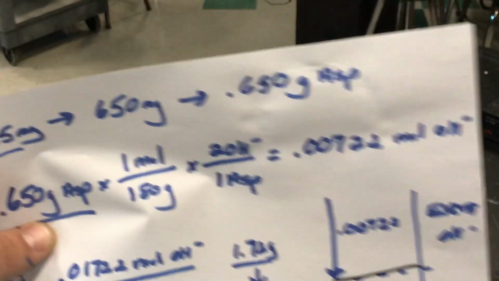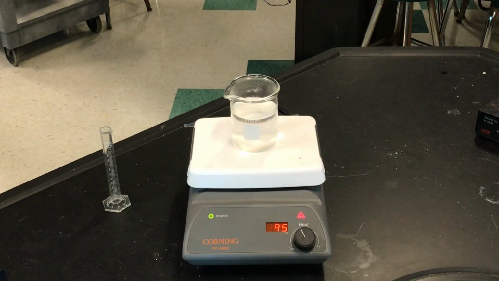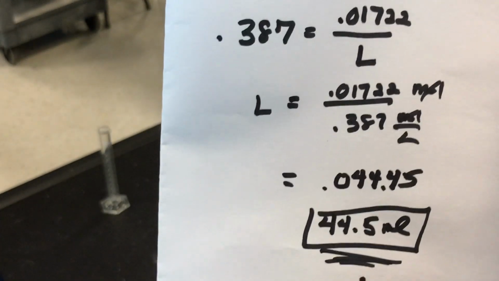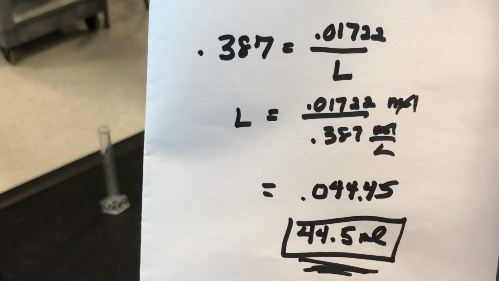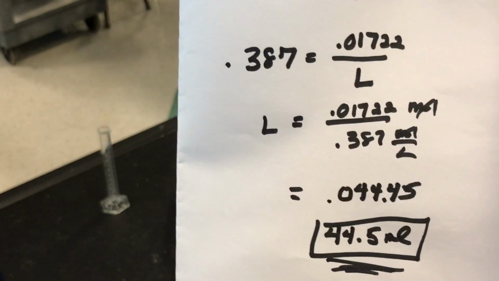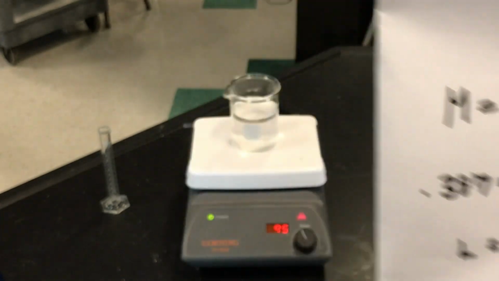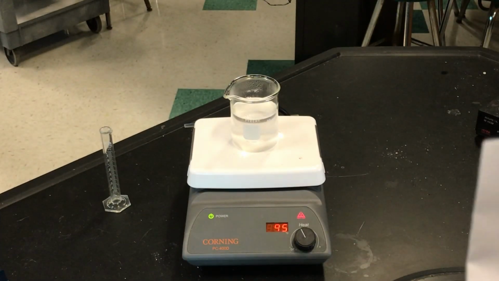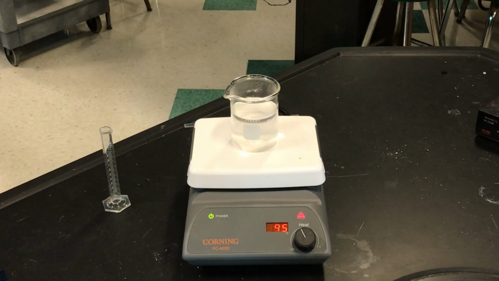And we just figured out that we need exactly 44.5 milliliters. So I'm going to give you a graduated cylinder, another pipette, and you're going to measure out 44.5 milliliters of the base solution. All right?